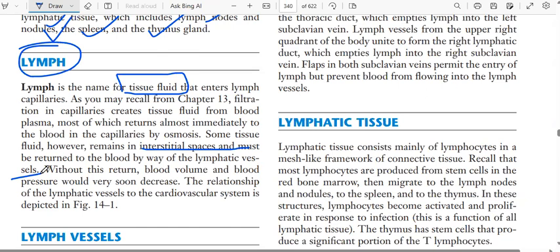We need another system to take that fluid from that area to the blood vessels. The third system is the lymphatic system.